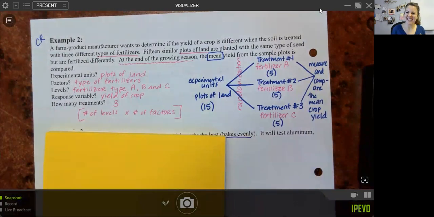Now, that's kind of like a simple random sample, right? Everything has the same equal chance of being put into a treatment group, okay? So we will later this week get into other types of experimental designs. Keep these types of designs in mind because we might be doing something with them, okay?